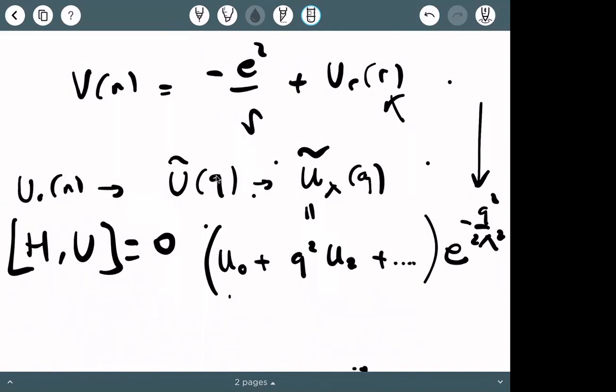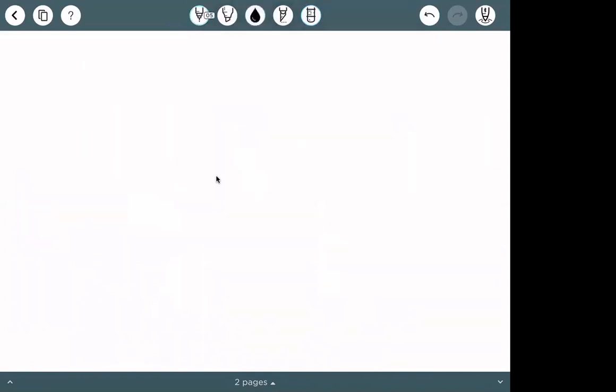In other words, there are conservation laws. For example, invariance under phase rotation implies charge conservation. Invariance under translation implies momentum conservation. Invariance under rotation implies angular momentum conservation.